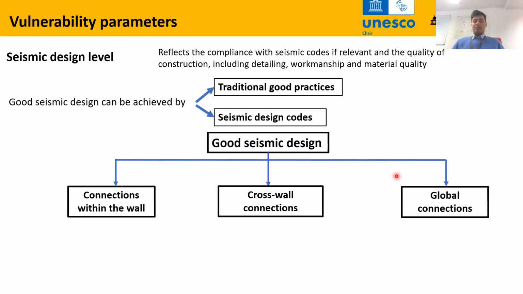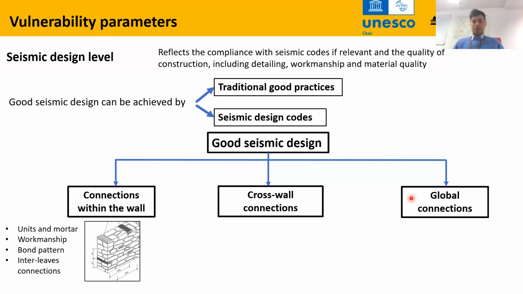And the seismic design depends on 3 levels of connections. One is the wall level connections within the wall: how well the wall is built, how good the integrity within the wall is. The second is the cross wall connections: how well the cross walls are connected to each other at the joints. And the third one is global level connections. We will see each of these.